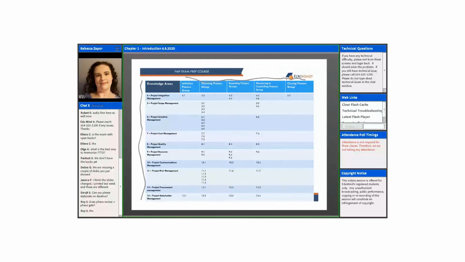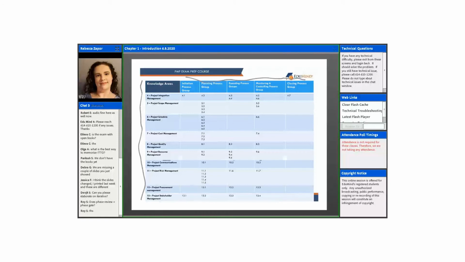If you see the rest of them, scope management, chapter 5, touches on planning and monitoring and controlling. Schedule: planning, and monitoring and controlling. Cost management: planning, monitoring, controlling. Quality is going to get into planning, executing, and monitoring and controlling. The same with resource management.